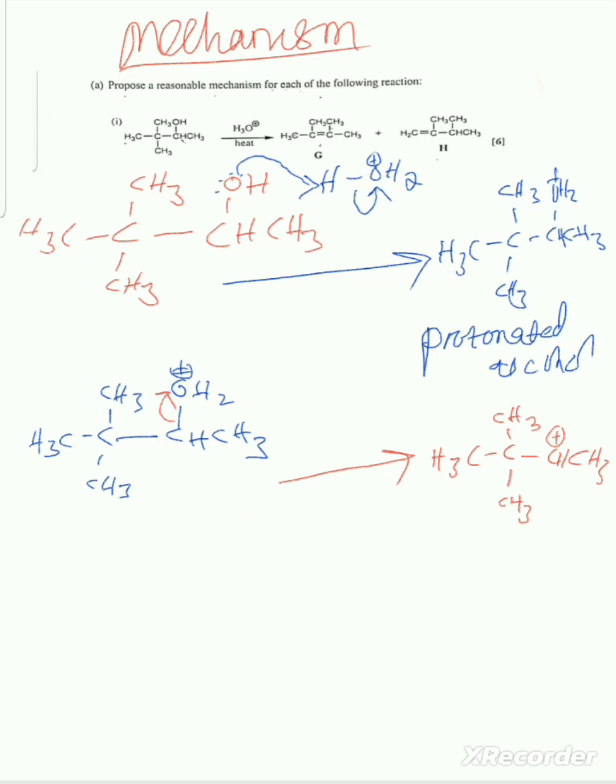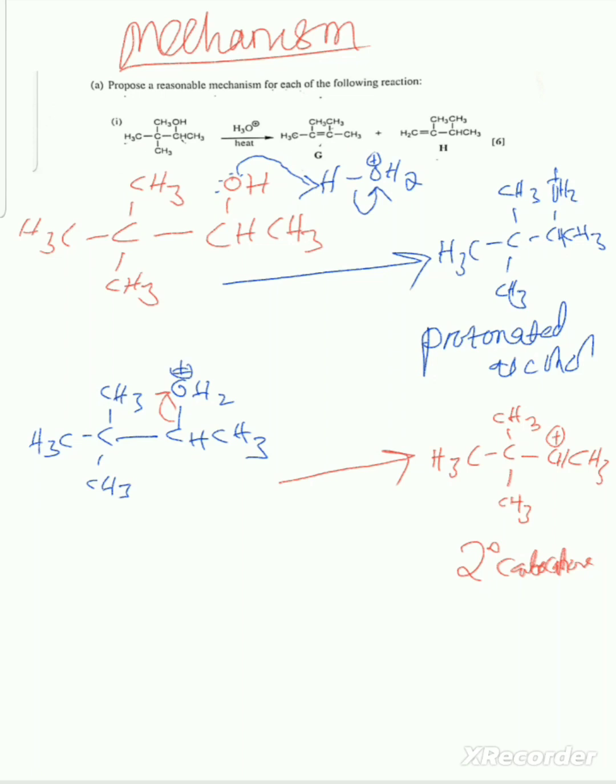Why? Because it has lost a bond. This bond has gone, and we have a positive charge, which is a carbocation on the secondary carbon. So this one is a secondary carbocation.